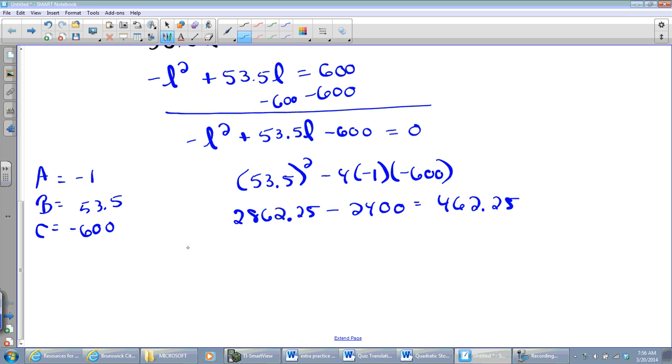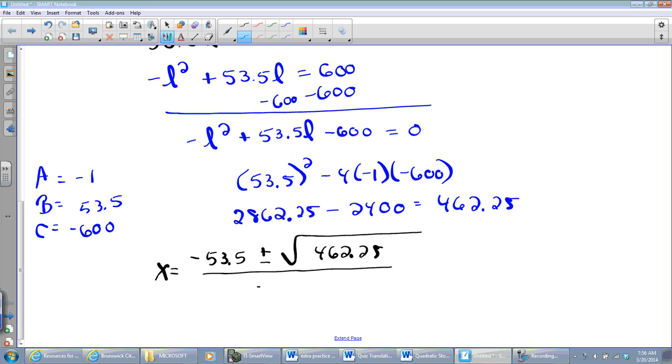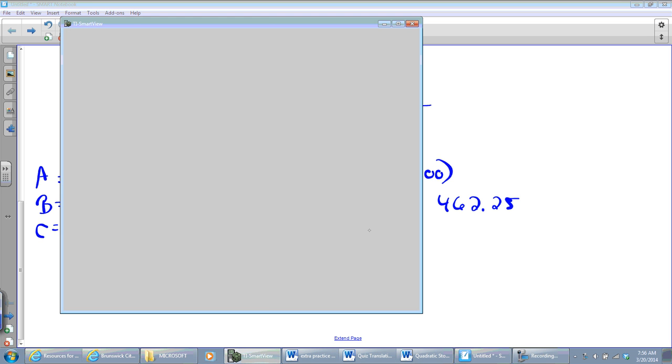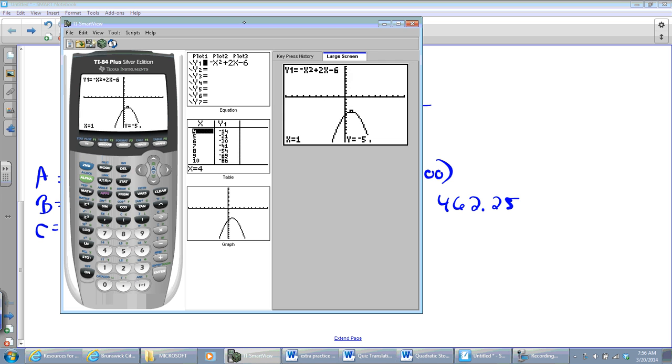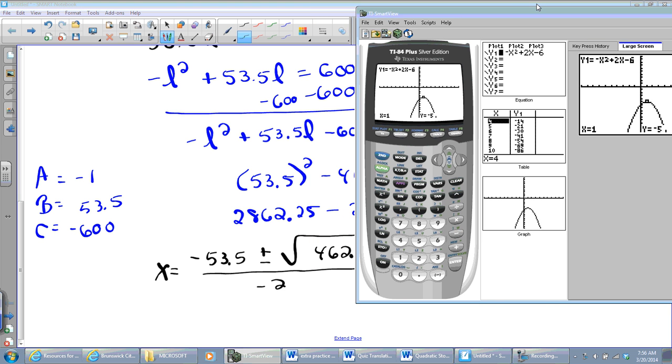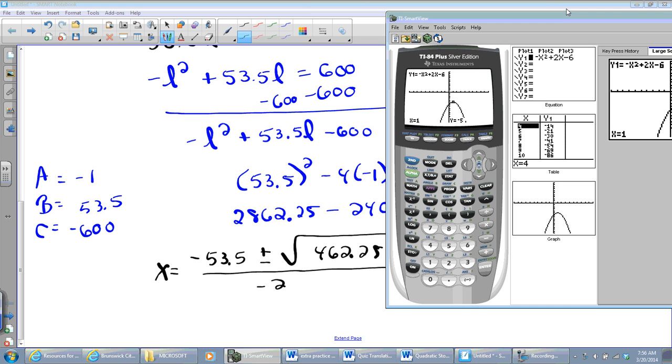All right, so I'm going to do x equals the negative of b plus or minus the square root of the discriminant all over 2a. All right, so here I'm going to go to my calculator, and some of you aren't doing this. I don't know why. You're doing it all piecemeal, and I've told you don't do it piecemeal, but whatever. I'm trying to show you the easy way to do it.